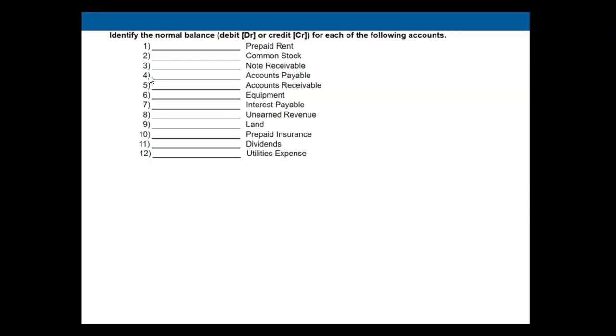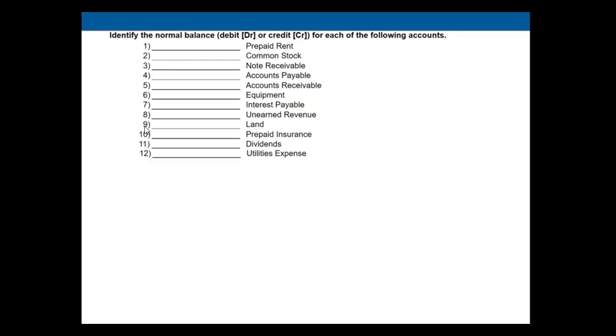Accounts payable, that is a liability. Credit balance. Accounts receivable, that's an asset. Debit balance, left-sided balance. Equipment, another asset. That is going to be a debit balance, left-sided balance. Interest payable, anytime you see payable, that's a liability. And so this is going to be a credit balance. Unearned revenue is not a revenue, it is a liability, and it'll have a credit balance.